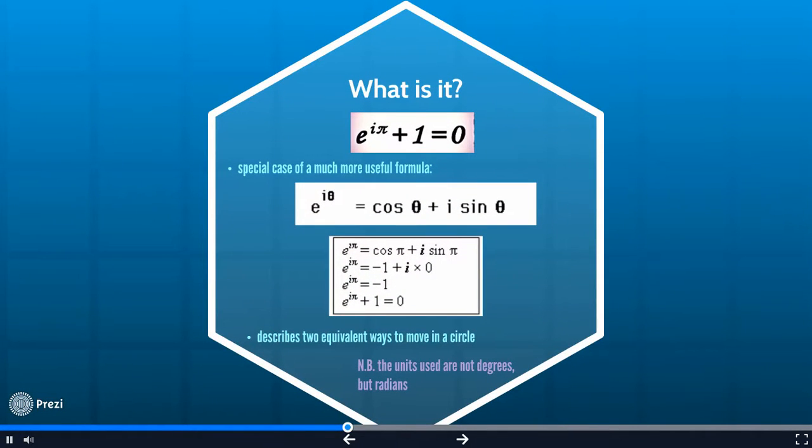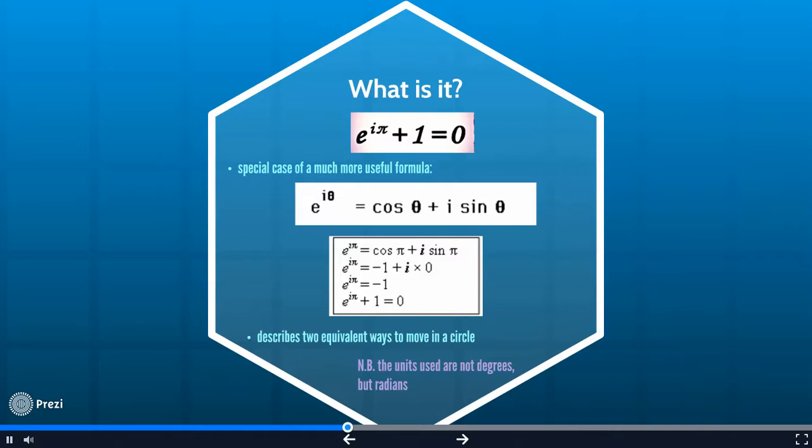So, what is it? Well, e to the power of the imaginary unit times pi plus 1 is equal to 0. But this is just a special case of a much more useful formula that Euler discovered. e to the power of i times theta is equal to the cosine of theta plus i times the sine of theta.